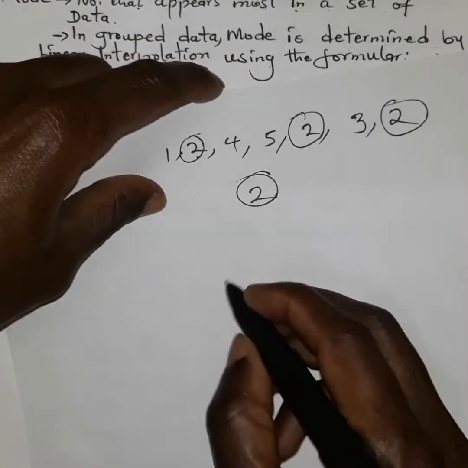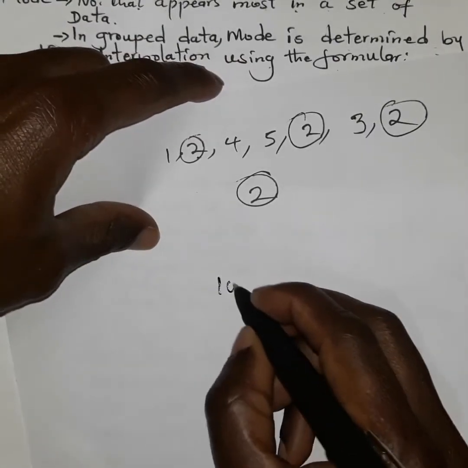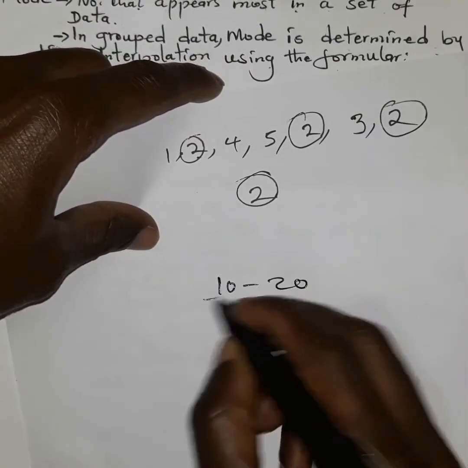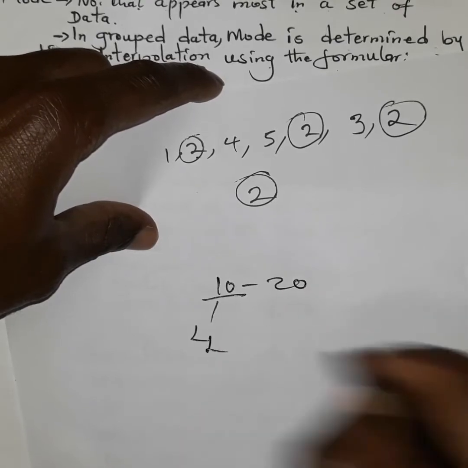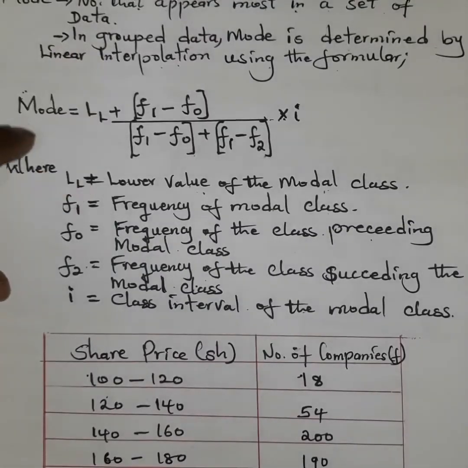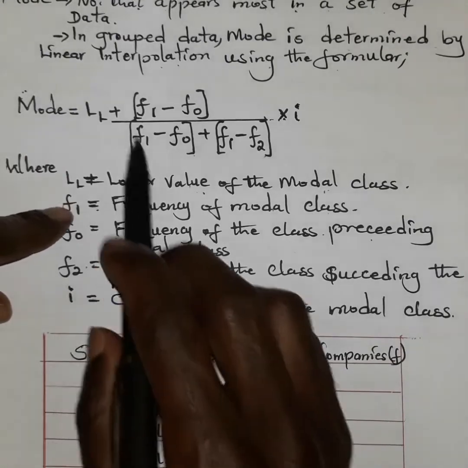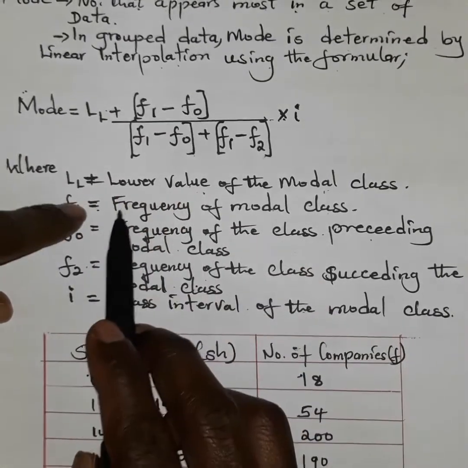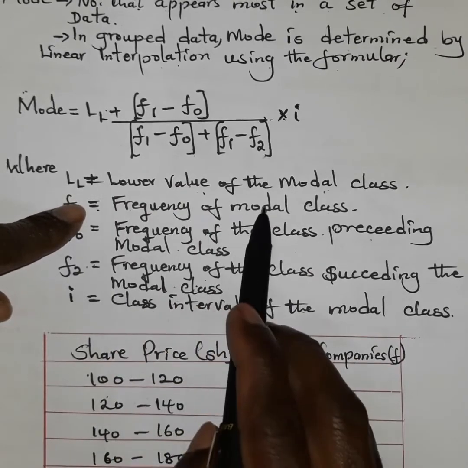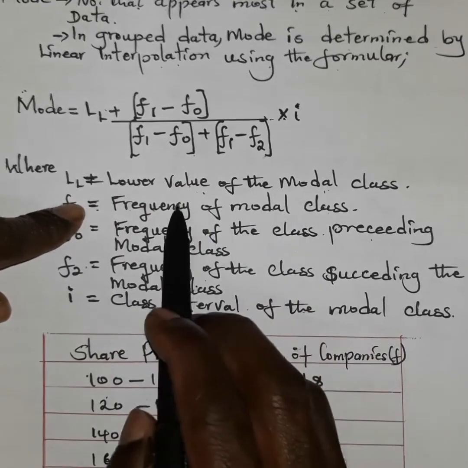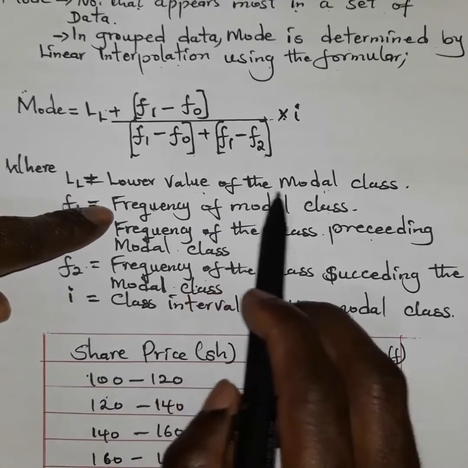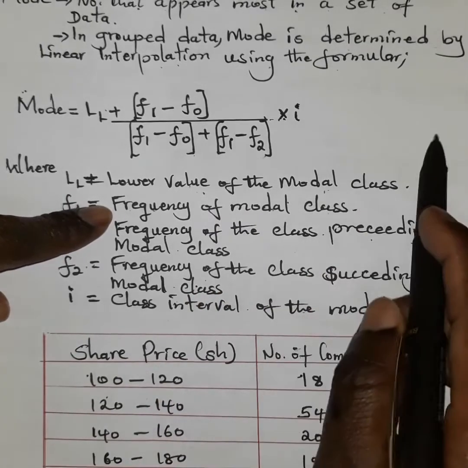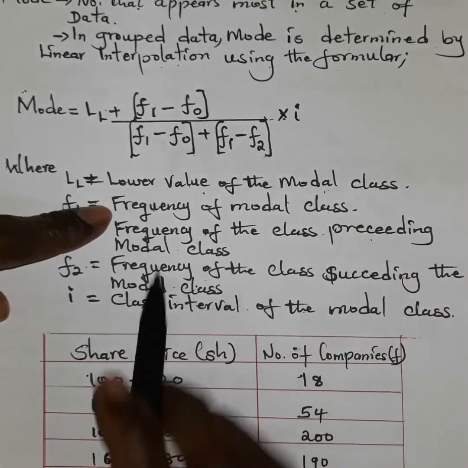Like in this case, if you have a class, for example, 10 to 20, 10 is the lower value. Then F1 minus F0, where F1 refers to the frequency of the modal class. That is, how many times the class which contains the mode appears.